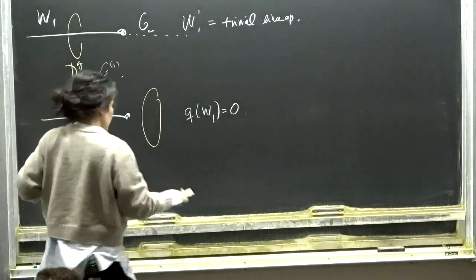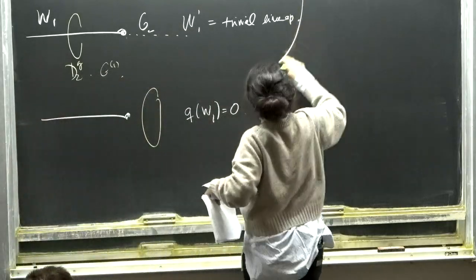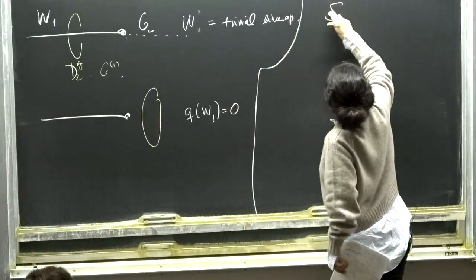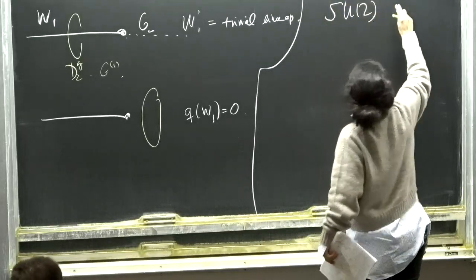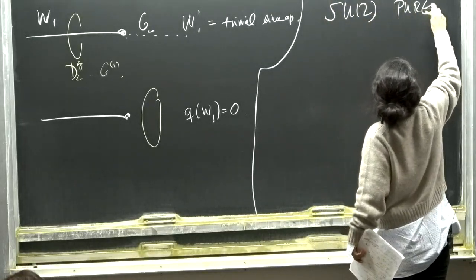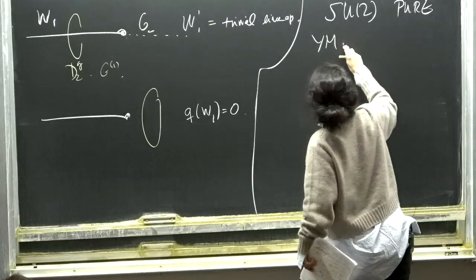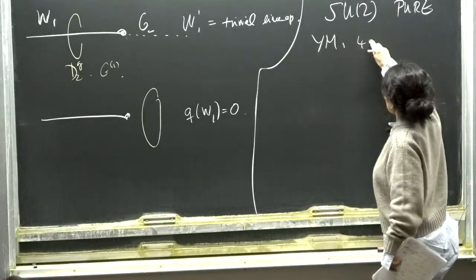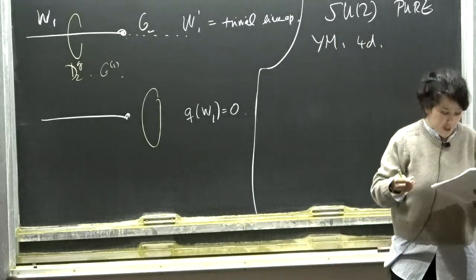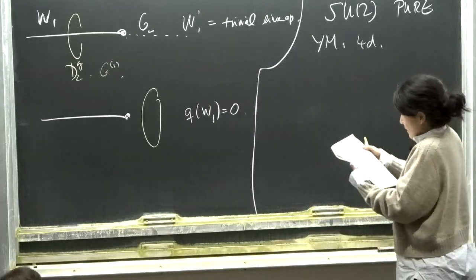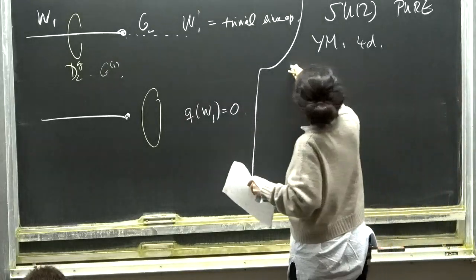So actually, let's look at an example, because it's quite an abstract construction. Let's look at SU2 pure Yang-Mills theory. Let's do it in 4 dimensions, but we can do it in really any dimension. So what kind of line operators do we have? We have Wilson line operators.